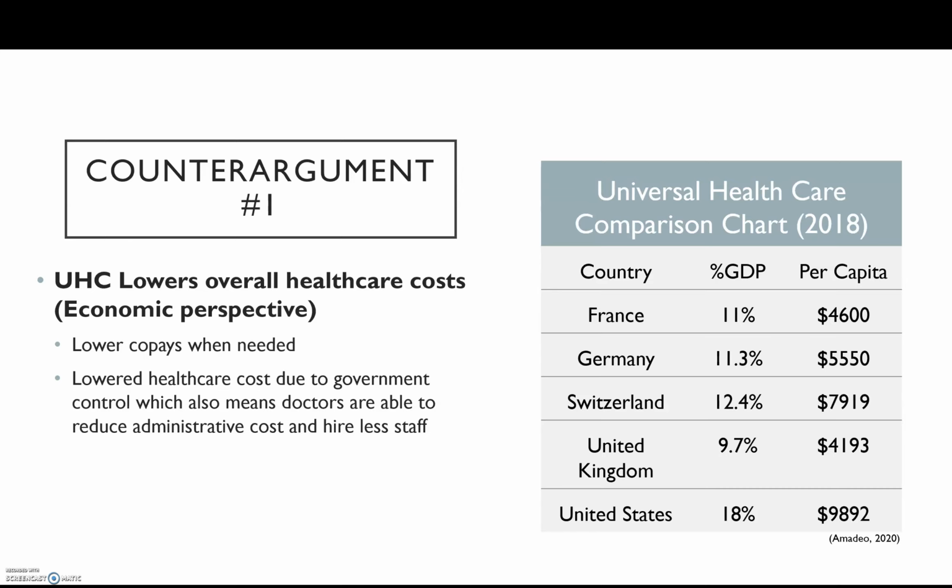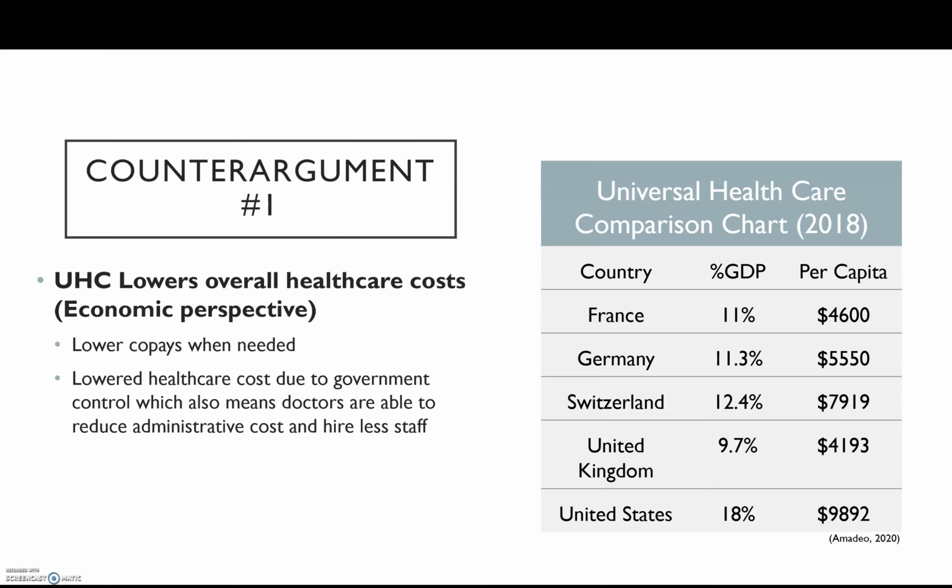You look at the chart on the right, you see that the U.S. is at 18% healthcare gross domestic product, as well as almost a $10,000 cost per capita. The next closest is Switzerland with a 12.4% GDP and almost an $8,000 per capita.